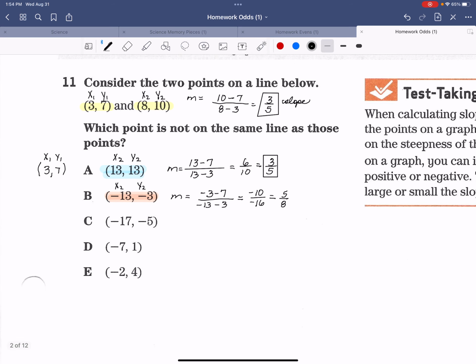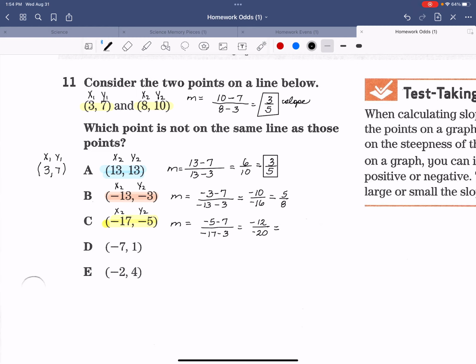Okay, let's try the next point. Trust me here. You'll see. x2, y2. So the first point is still not changing. We have negative 5 minus 7. Negative 17 minus 3 is negative 12 over negative 20.